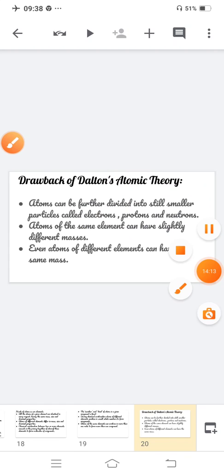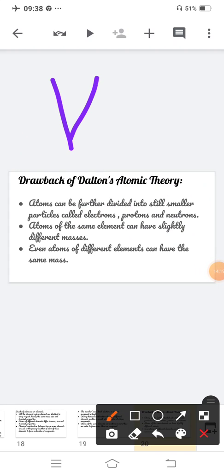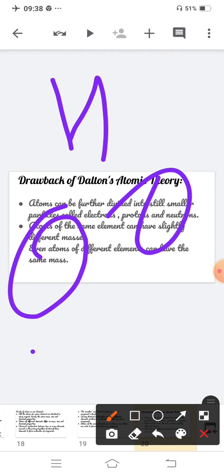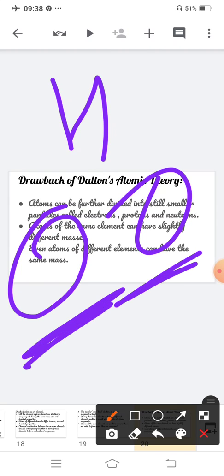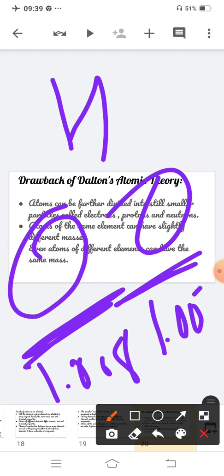Atoms of the same element can have slightly different mass. I told you that if you take two atoms of hydrogen, they have the same mass, same size, and same chemical properties. Chemical properties will be the same, but the mass can be slightly different. For example, if it is 1.008, it can be 1.007.